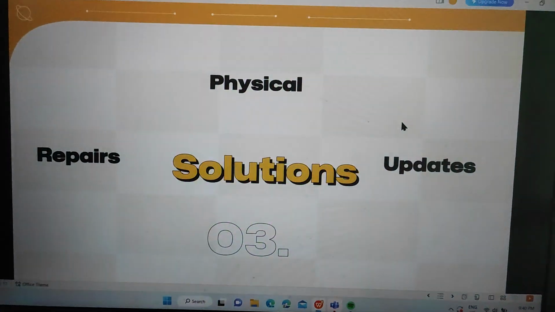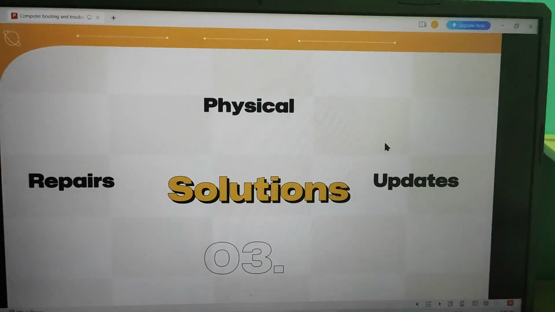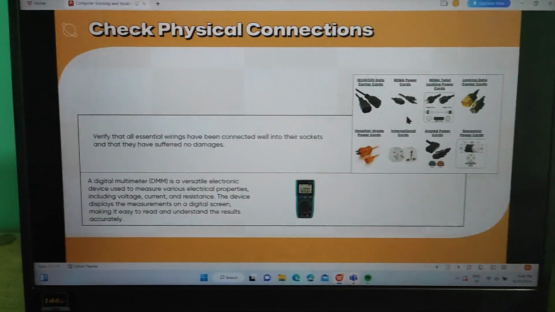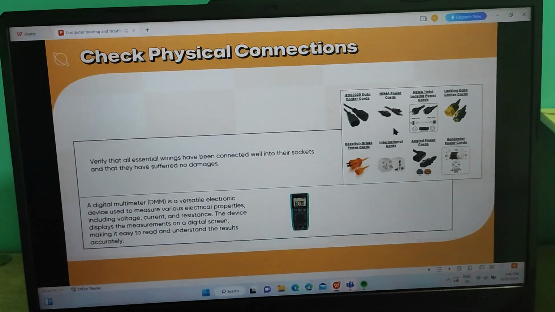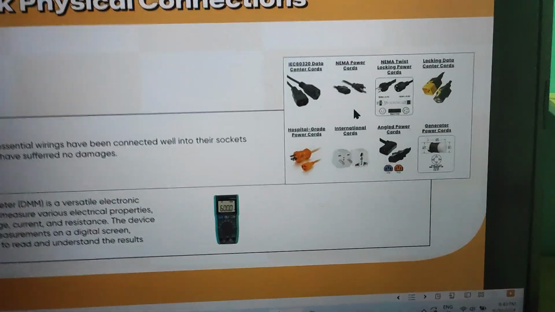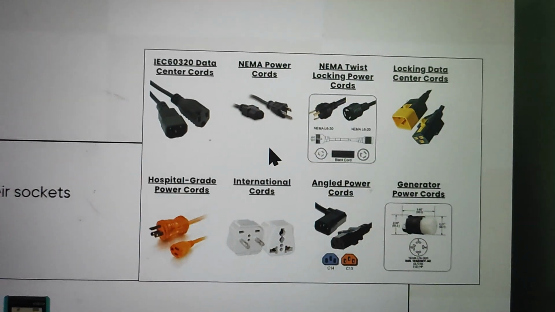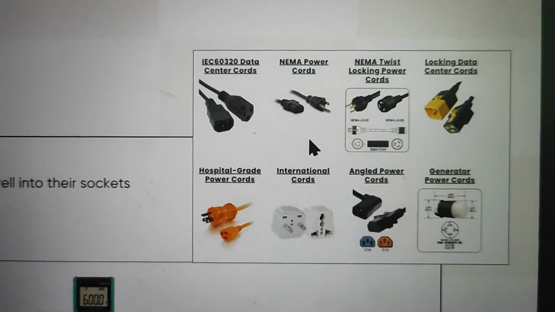Now, in regards to the solutions, which I have also provided a few examples. The easiest would be to check on physical connections. As you could see here, these are the type of connections which would often be found attached to the CPU.